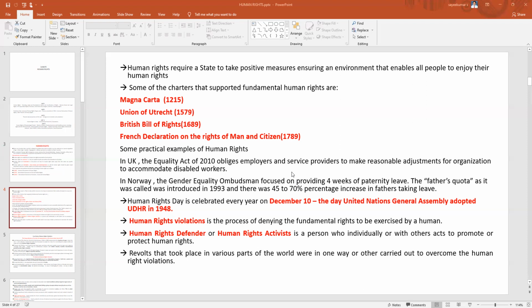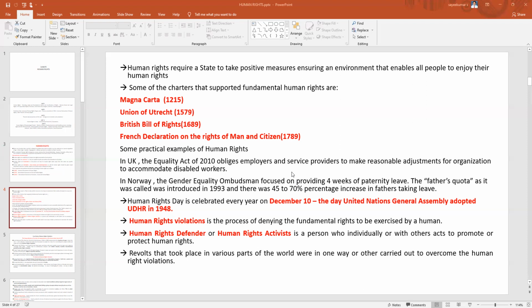The revolts that took place in various parts of the world were in one way or the other carried out to overcome human rights violations. For example, the French Revolution, the 1668 gunpowder incident, which was a major incident in England, the American War of Revolution, and the Indian Sepoy Mutiny.